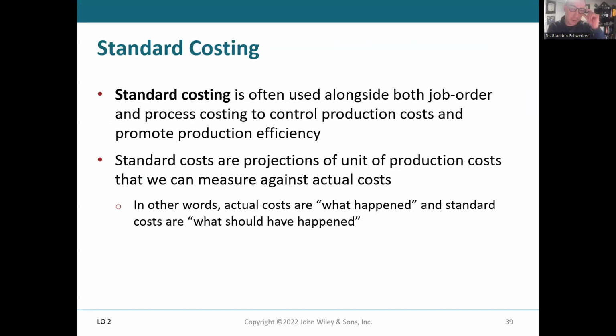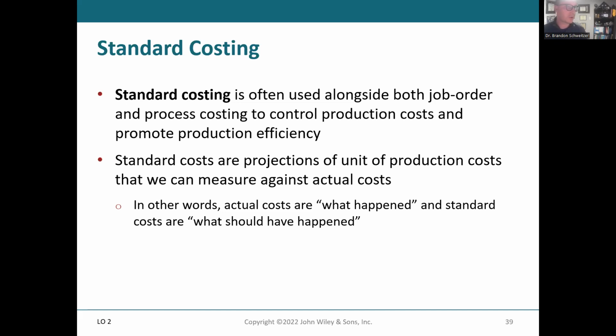Of course, we have standard costing. Standard costing is used with both job and process costing. You may have heard this referred to in your Principles of Accounting 2 class or your cost accounting class as what we call mixed costs. Standard costs are projections of unit of production costs we measure against their actual costs.